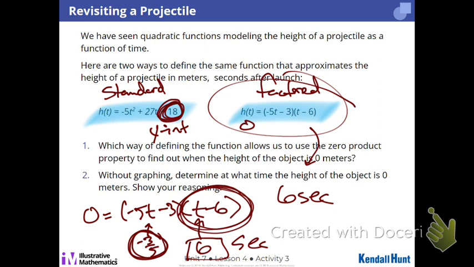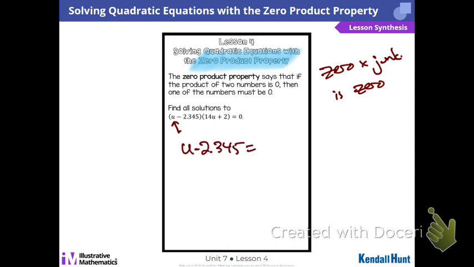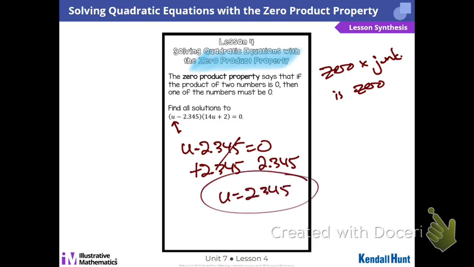Lesson summary, friends. You have to show me to get your homework. Let's look at the lesson summary together. If I can get this whole thing to equal 0, yeah, you can break it. I can get this to equal 0 by adding 2.345. That's one of them.